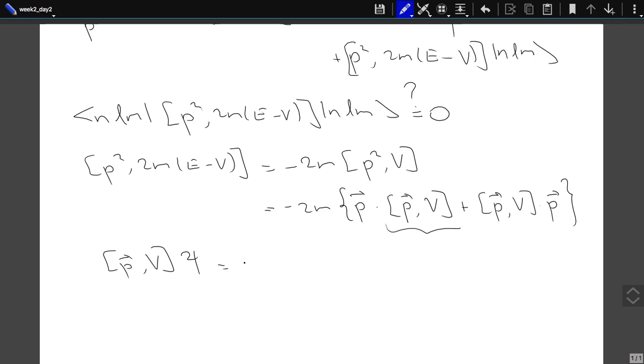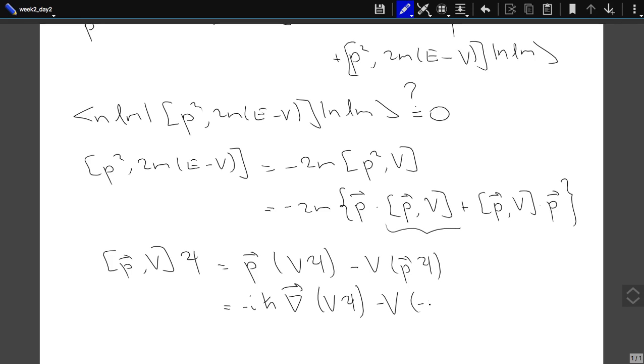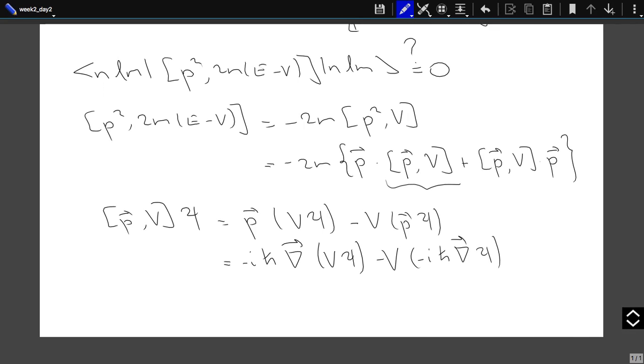This is p acting on V psi minus V times p acting on psi. What's p acting on a function of x? Derivative: minus i h bar times the gradient acting on V psi, minus V times minus i h bar the gradient acting on psi.